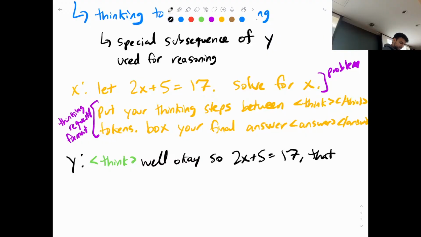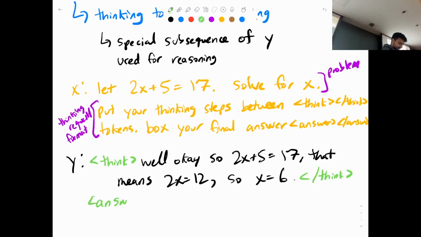That means 2x equals 12, so x equals 6. And then maybe at this point, because this is a simple problem, it ends its thinking. It produces this answer tag and just says 6, and then ends the answer tag.